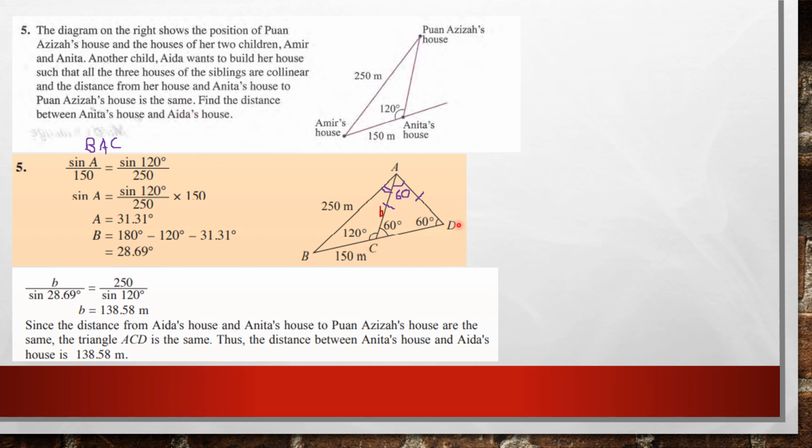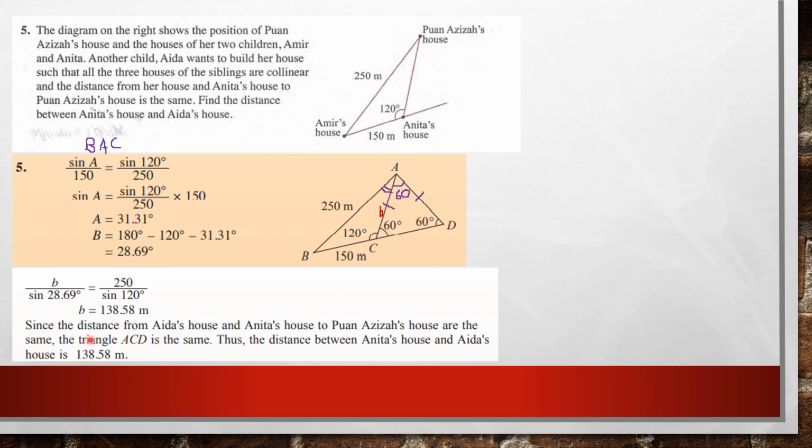Anita is C, Aida is D, so CD. We found earlier that ACD is an equilateral triangle. That means AC should be equal to CD and AD. So CD, the distance between Anita's and Aida's house, must be equal to AC.